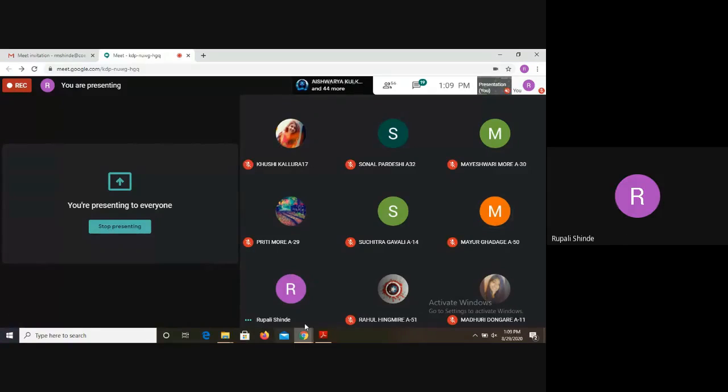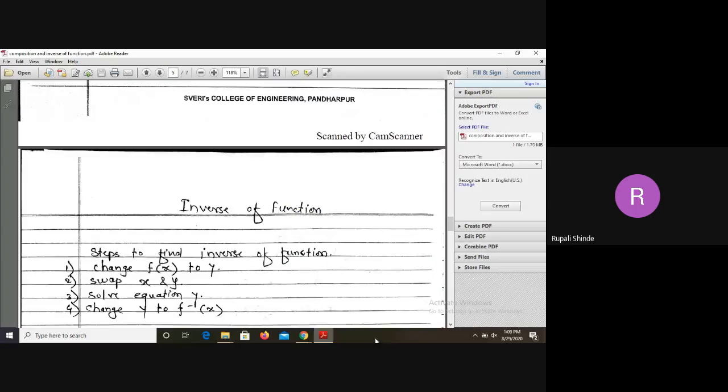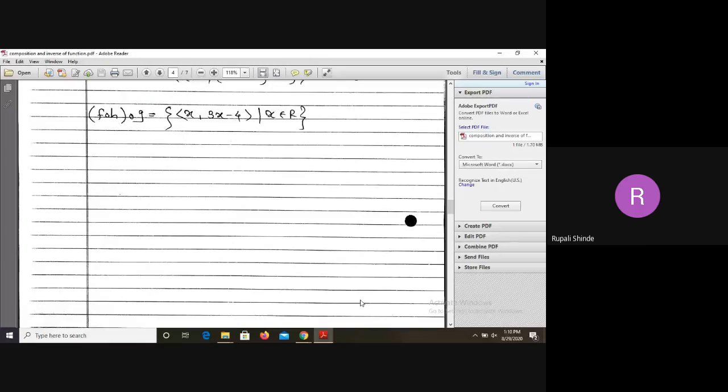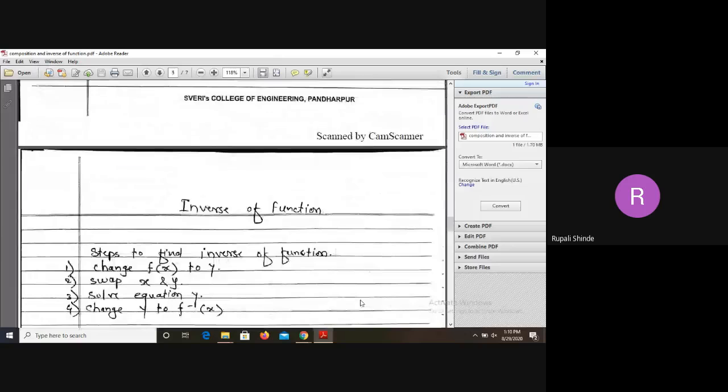So last lecture we have seen what is function, then how to find the composition of function. So today we are going to see how to find inverse of function. There are four different steps to find inverse of a given function. First step is change f of x to y.